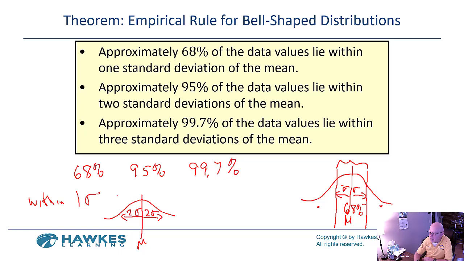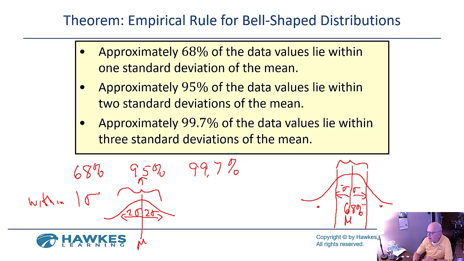So how much data is between those marks? Well, 95%. Because we've taken a wider spread, more of our data is in there. In fact, 19 out of every 20 items is going to be within 2 standard deviations. That's 95%.